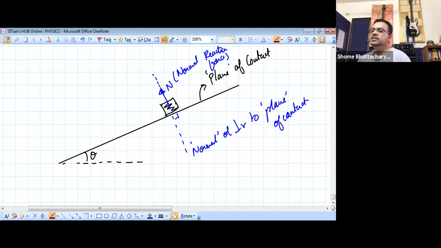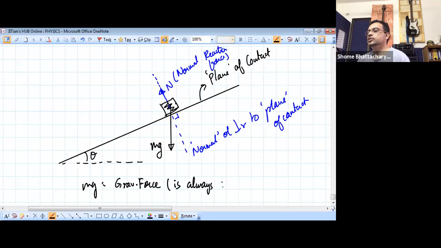Okay, other than that, what is acting on this? There is gravity acting. And what is the direction in which gravity is acting? Gravity is acting vertically down. Relax. Gravity cannot adjust itself according to the surface environment. mg, the gravitational force, is always vertically downwards.